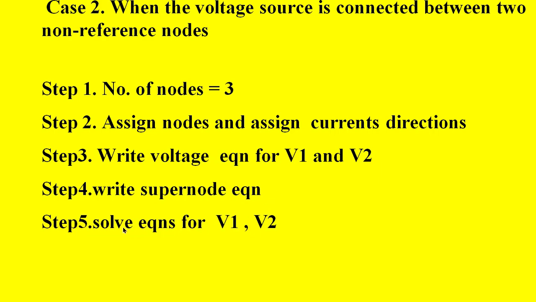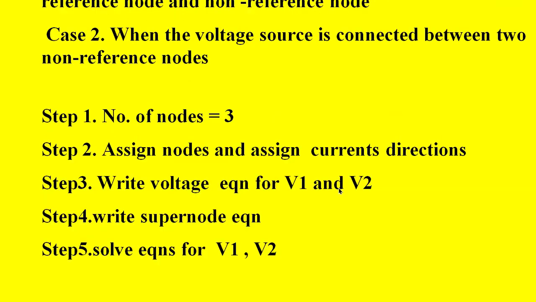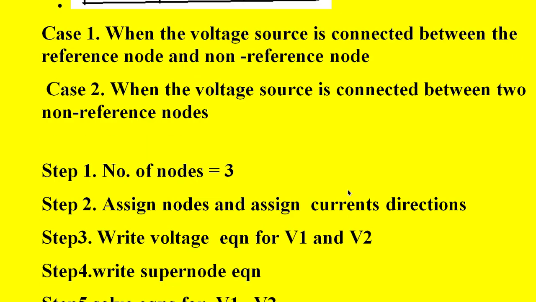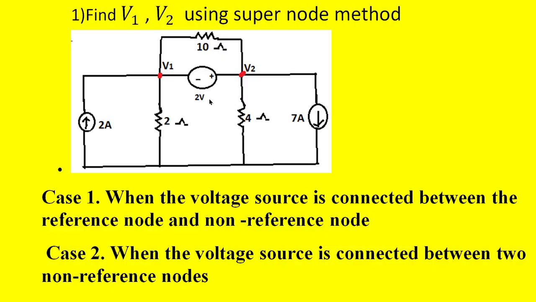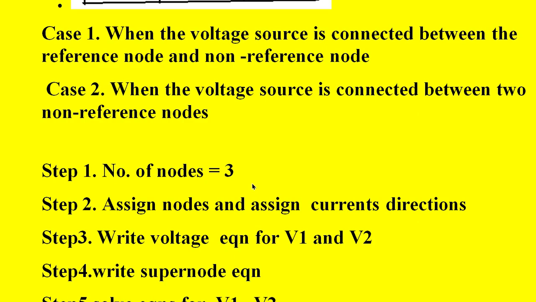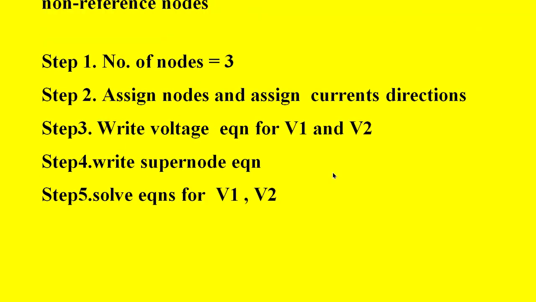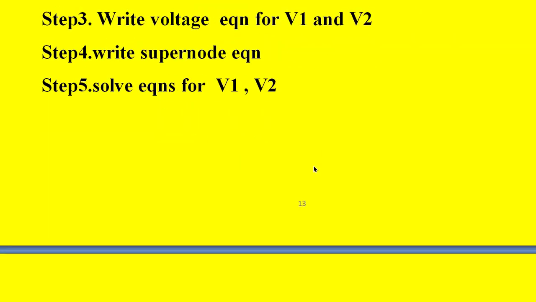After this, the fifth step is to solve the first and second equations to get the V1 and V2 values. Remember, though this is a nodal method, we are using a voltage equation and a current equation. Without the voltage equation, we cannot use just KCL to solve this problem. So we are going to use both KVL and KCL.